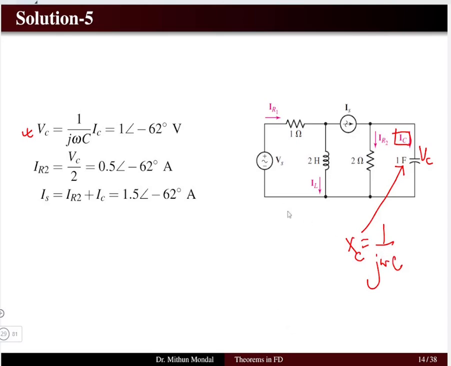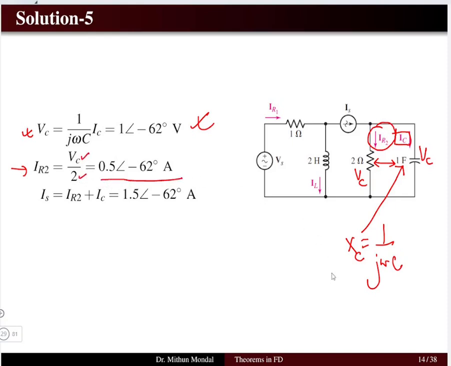Now once we have the value of the capacitor voltage, we can see that the resistor and the capacitor are both in parallel, so the voltage here will be the same. So I can determine the current flowing through the resistor, IR2, which is equal to the capacitor voltage divided by the resistance.